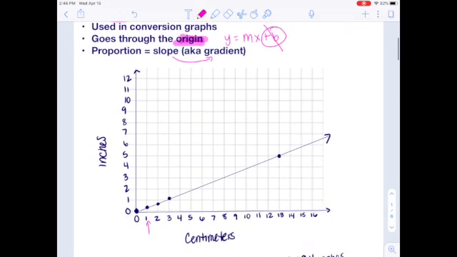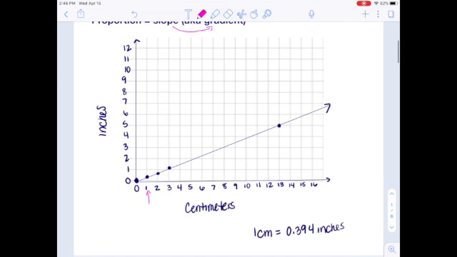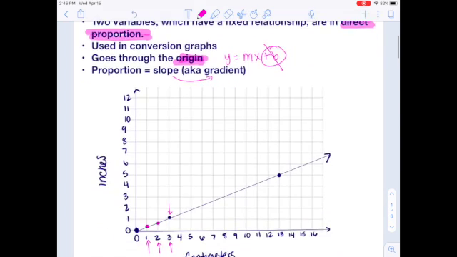So if you look at 1 centimeter, this dot is right at 0.394. If you had 2 centimeters, how many inches would that be? It's about double, so about 0.7 something. And then when you get to 3 centimeters, you're slightly above 1 inch.